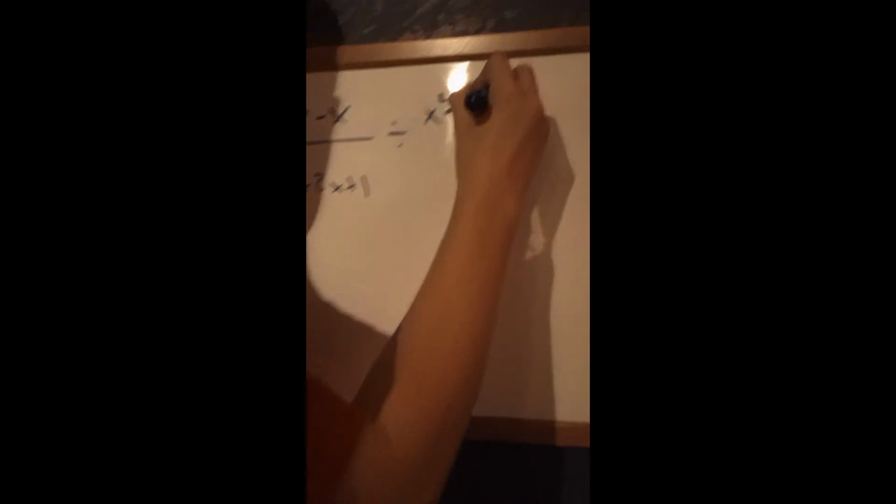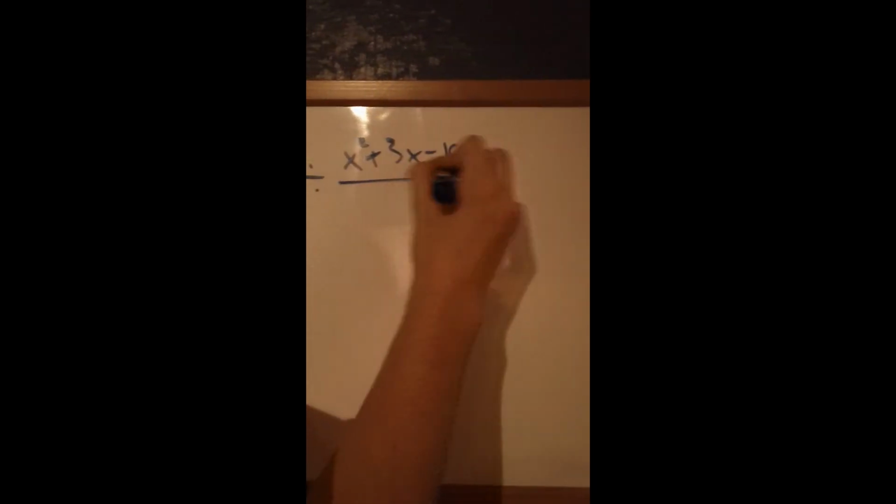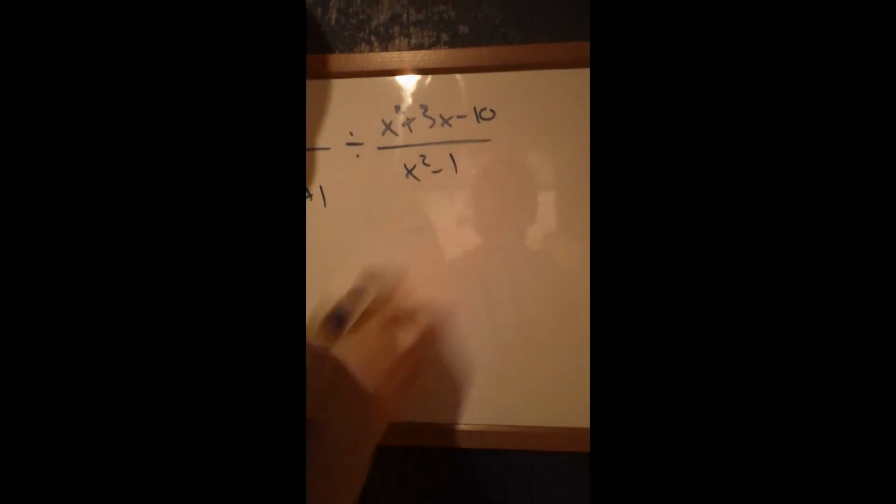Now the hardest one is division. For a division problem we can do 2 minus x over x squared plus 2x plus 1 divided by x squared plus 3x minus 10 over x squared minus 1.